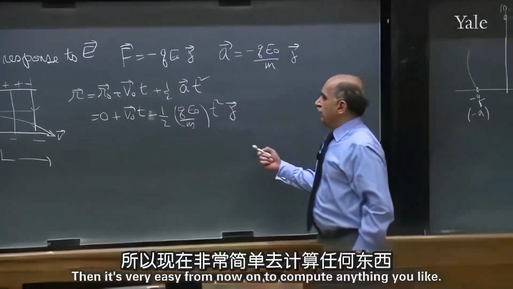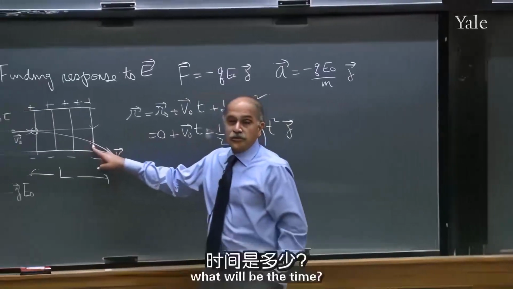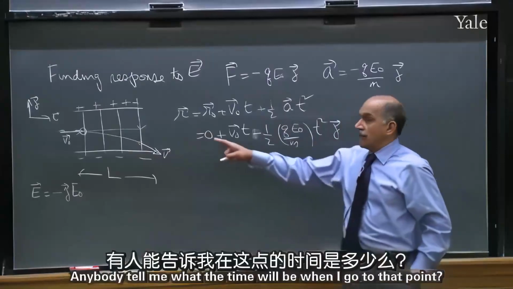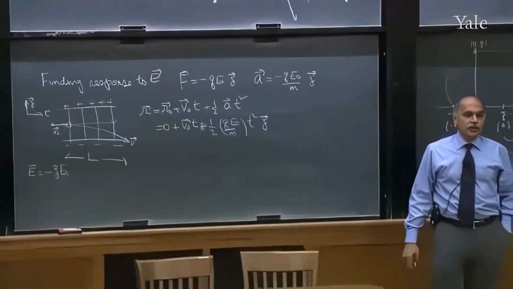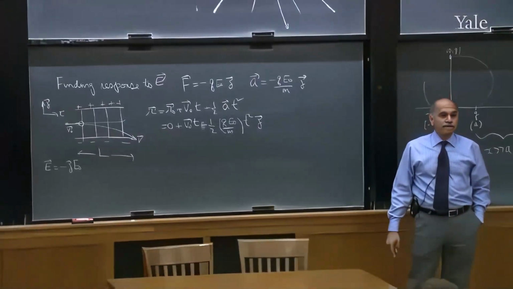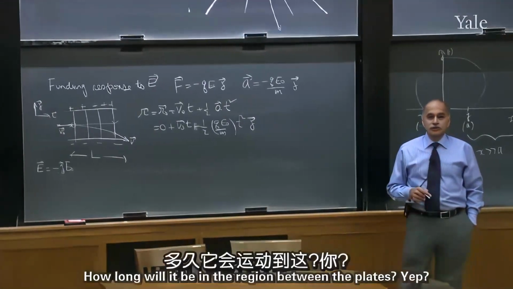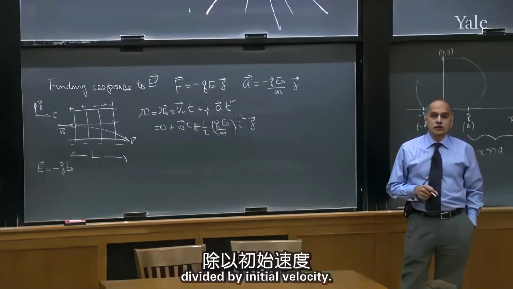Then it's very easy from now on to compute anything you like. For example, when you want to go to that point, what will be the time? Anybody tell me what the time will be when I go to that point? How long will it be in the region between the plates? Yep. The length of the plate divided by the initial velocity.